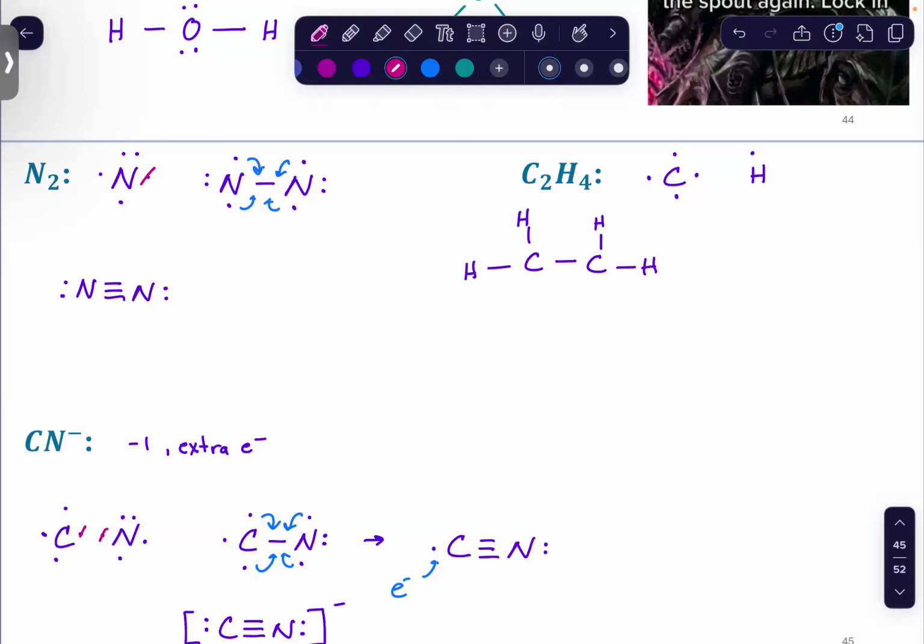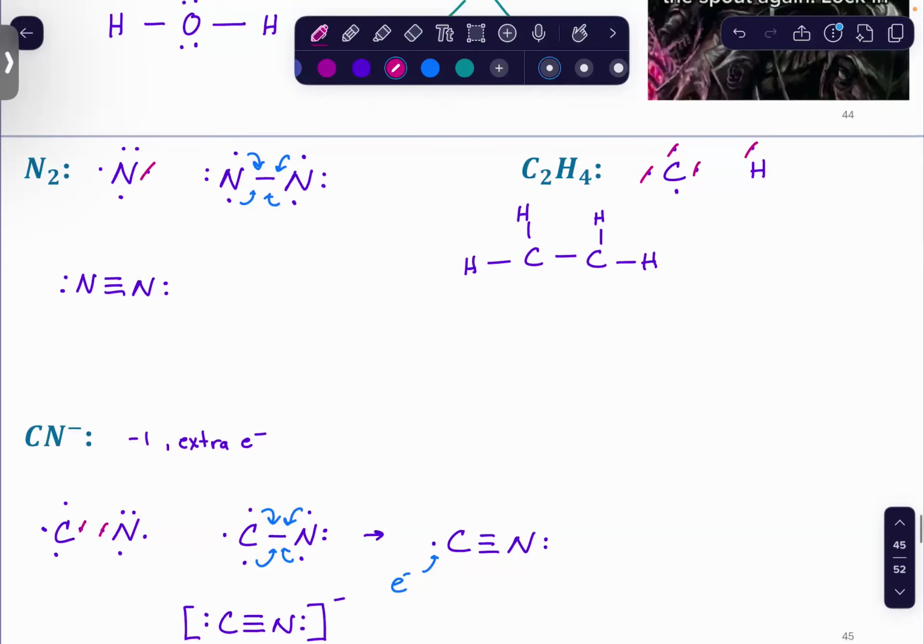And so then each carbon used 1, 2, 3. Each hydrogen used its 1. That means each carbon has an electron left over. And to get to octet, we can take these electrons and move them in. And this is going to give us C, double bond to C.